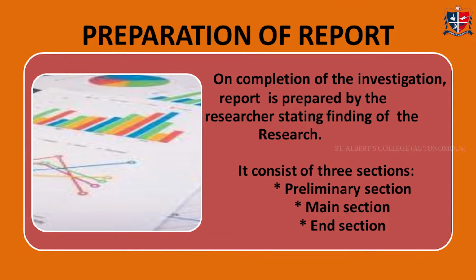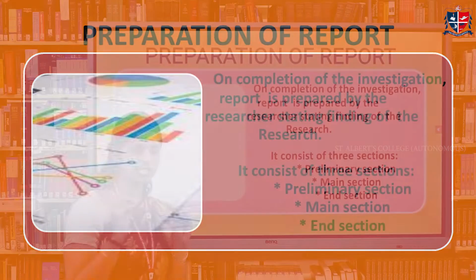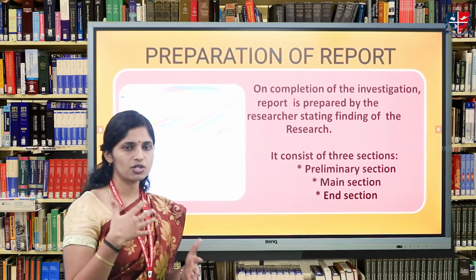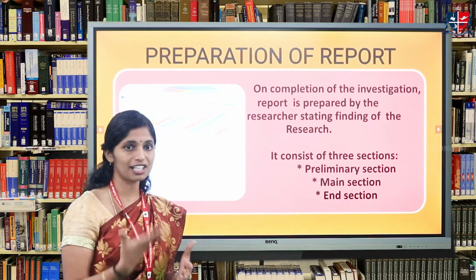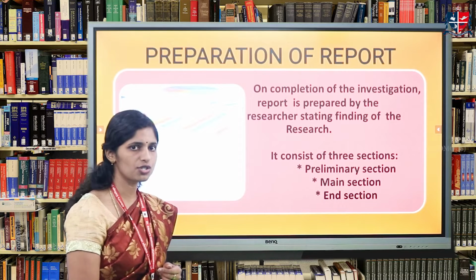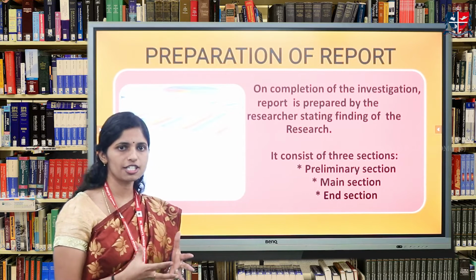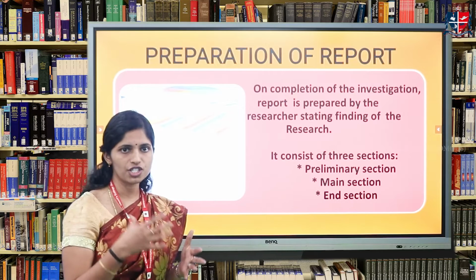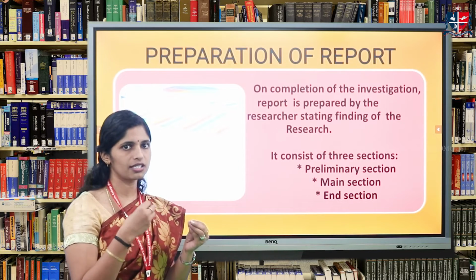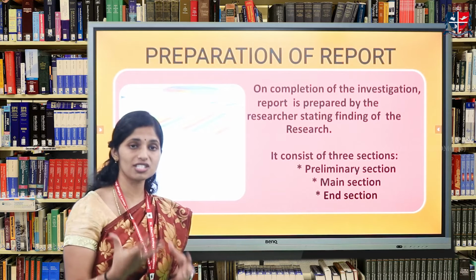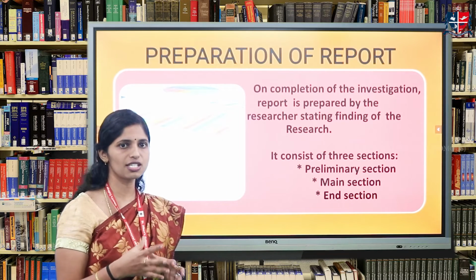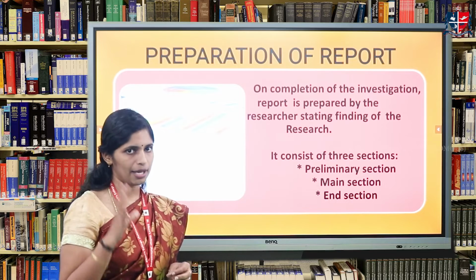Preliminary section consists of the topic of the research, the table of content, the list of tables or list of charts, acknowledgement, etc. And the main section consists of introduction, objective, reviews of literature, research methodology used, analysis part, the findings, conclusion or suggestion, etc. And the end section usually consists of the bibliography and appendix.